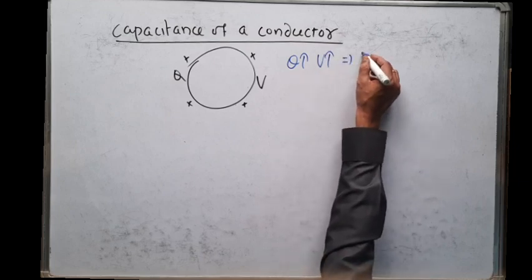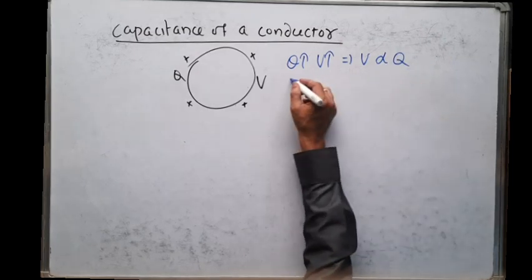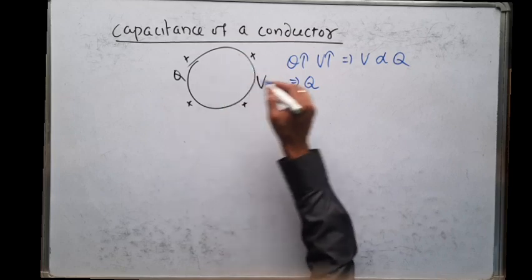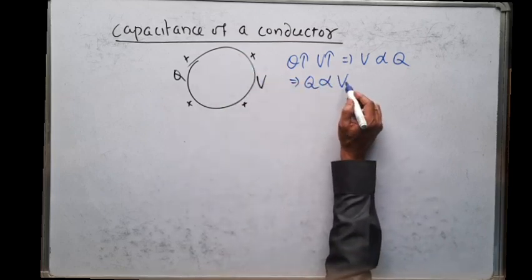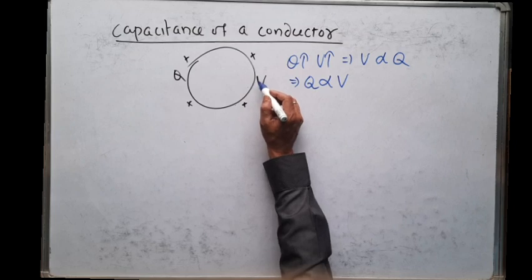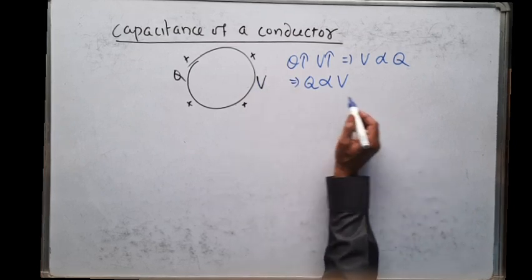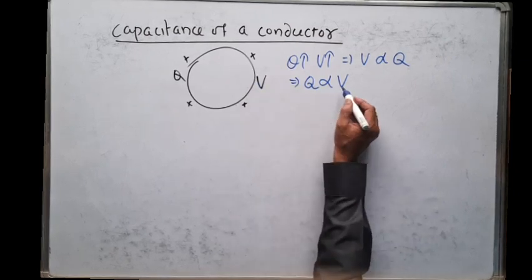That implies potential is directly proportional to Q, or the charge stored by the conductor is directly proportional to the potential difference. Here we always take potential difference. If the potential at the surface is V, then the potential on the earth surface is 0. So the potential difference between this conductor and earth is V minus 0, that is V.